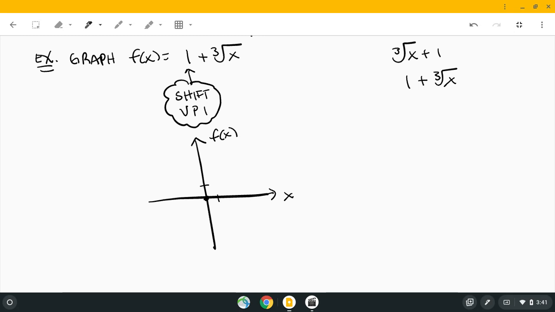Cube root of 1 is 1. Cube root of -1 is -1. And this is the sideways one. So it looks something like this.